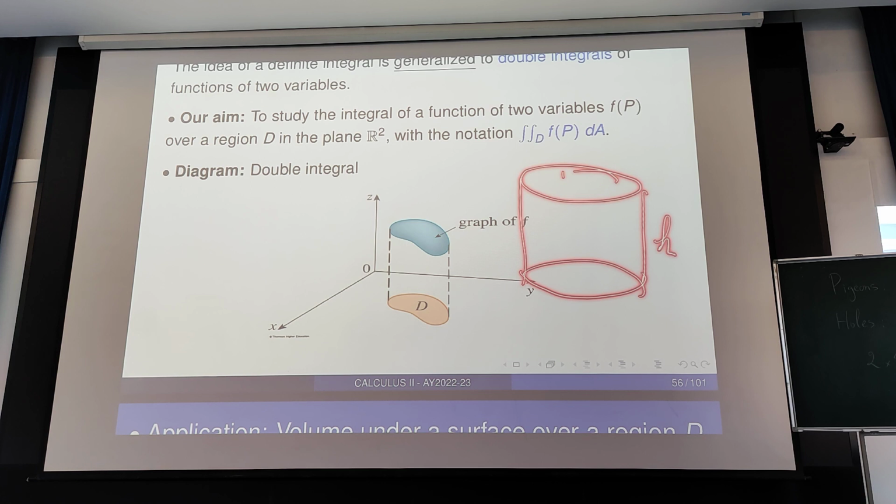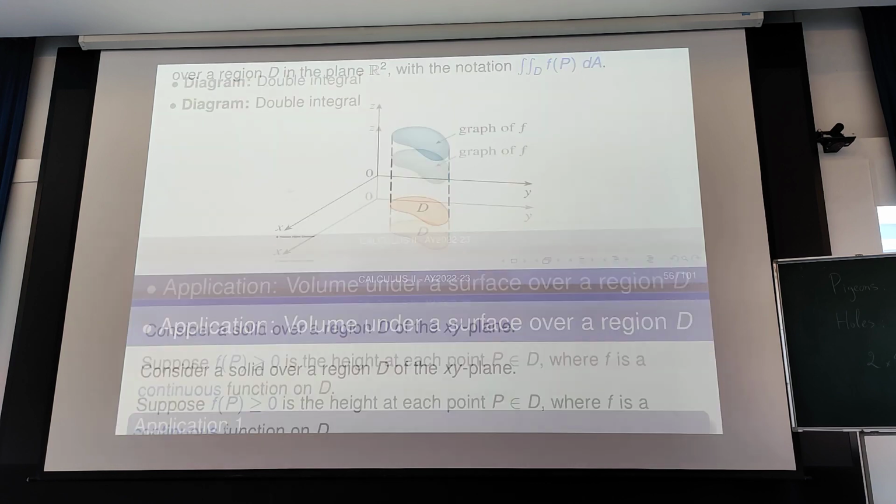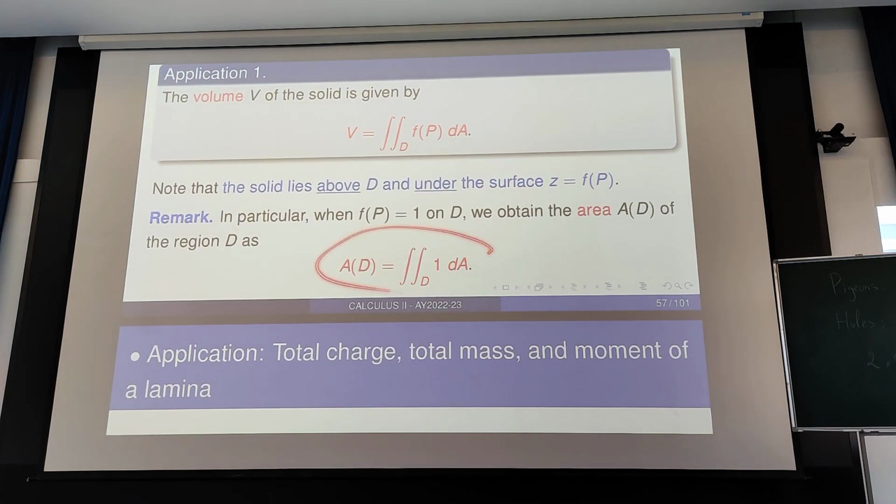Then you know when the height of a cylinder is equal to 1, then the volume of this cylinder is equal to the area of the base. You agree? That is the idea of this remark. When the function is 1 on this domain, then the double integral of the function 1 gives you the area of the region D, like the base of the cylinder, right? You understand?